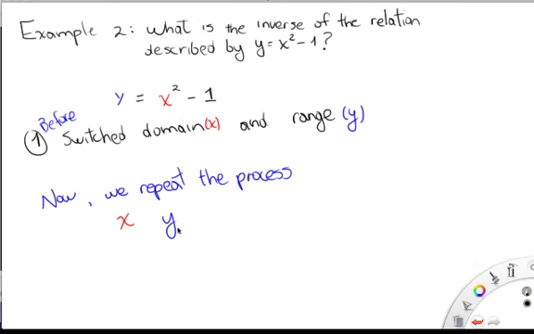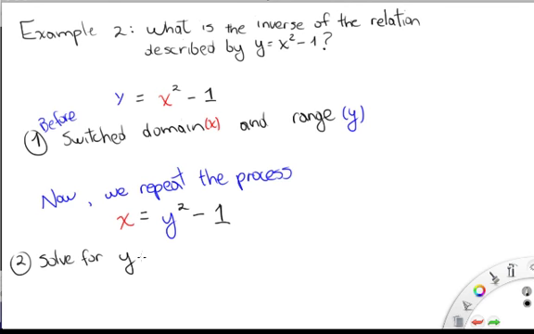And everything else in the formula stays the same. So now what we're going to have is, notice how we switched where the y was before, we now have an x, where the x was before, we now have a y, exactly like we did with the tables. So the only step we're going to add now is solve for y.